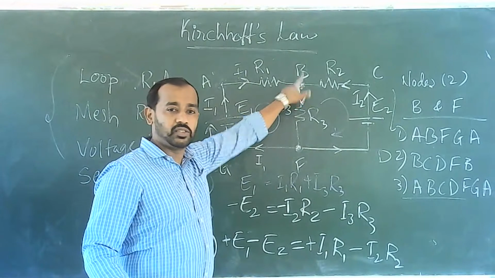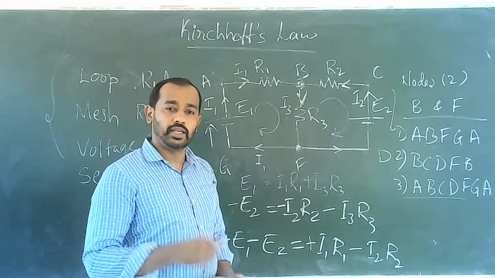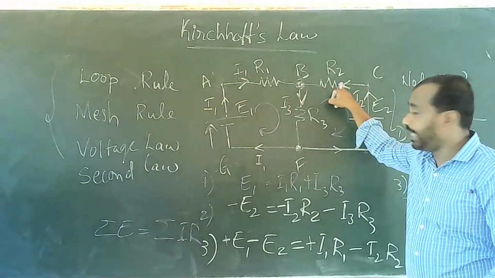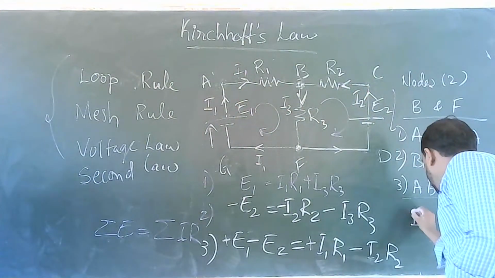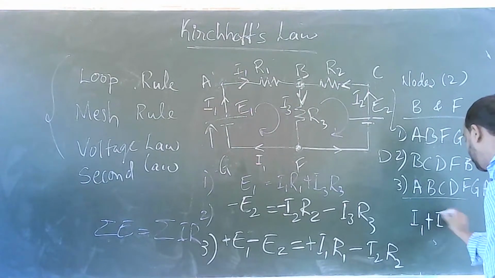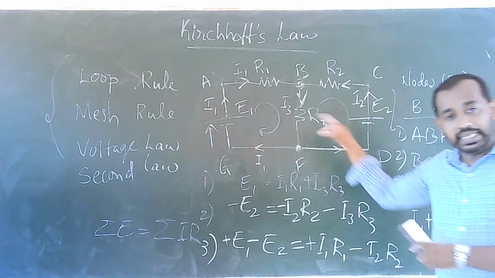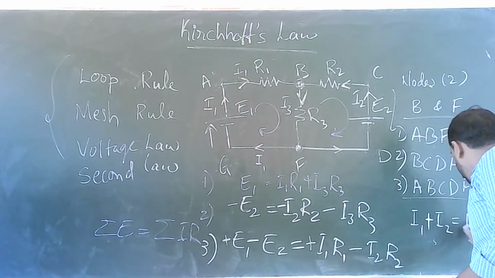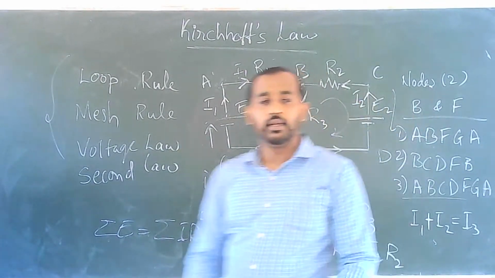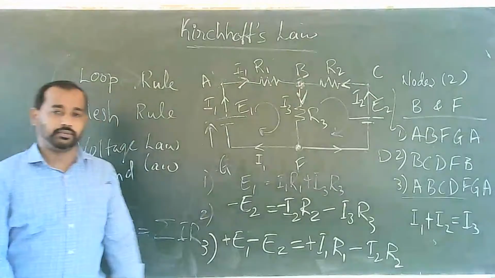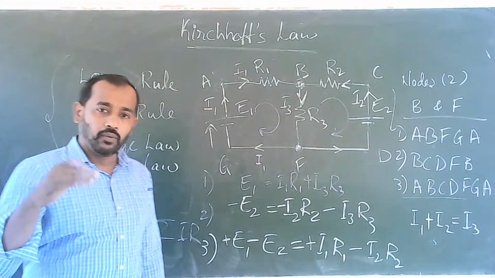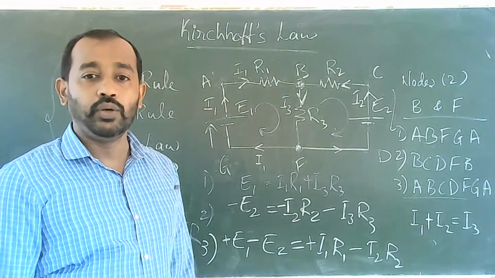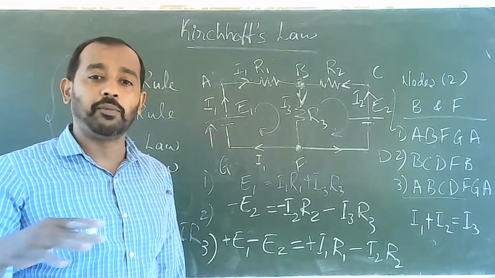When we apply it to this node, 2 currents, I1 plus I2, are entering the junction. I3 is leaving the junction, so I1 plus I2 should be equal to I3. That's the 4th equation.